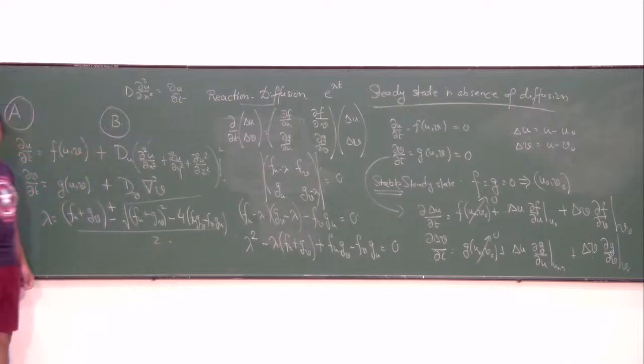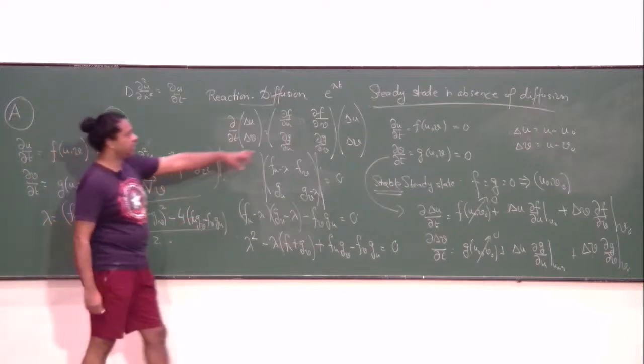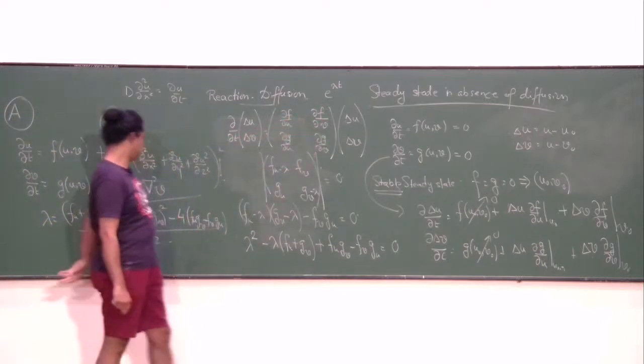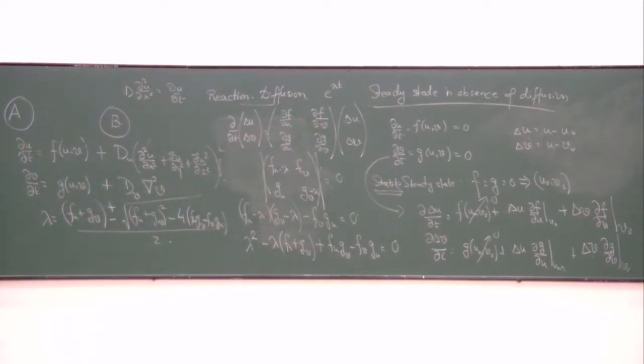So these are my two roots. Again, this is very simple stuff. Now I want these lambdas to be negative, because I want my perturbations to die down with time. So if I want my eigenvalues to be negative, what are the conditions that I should have?